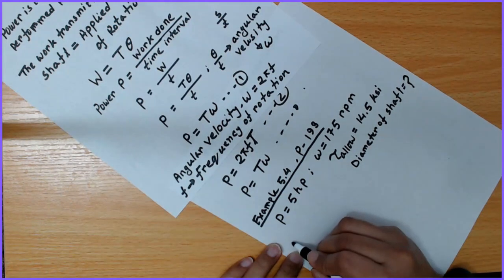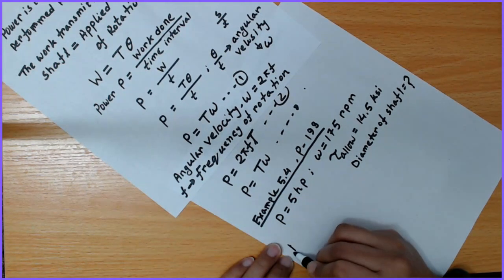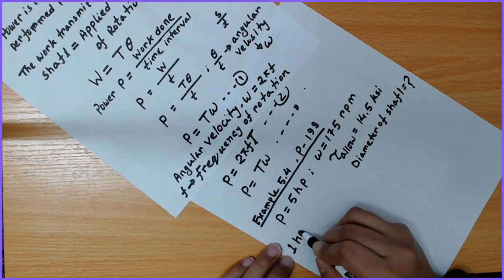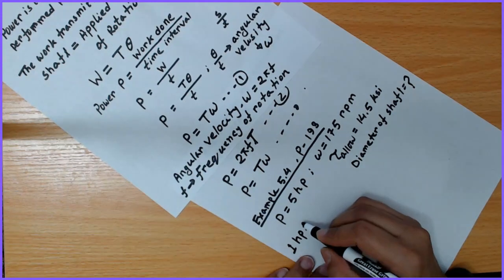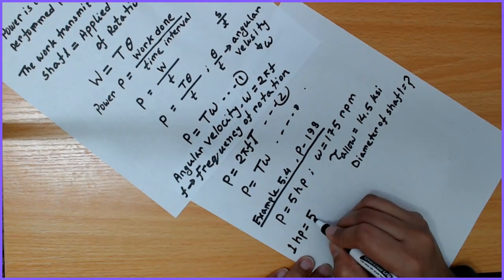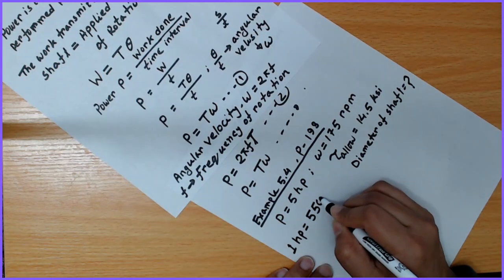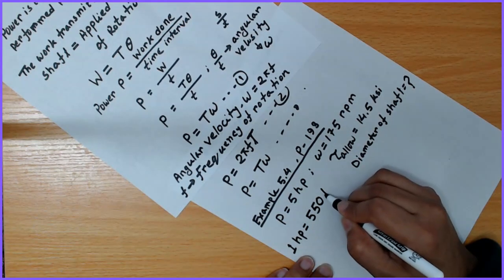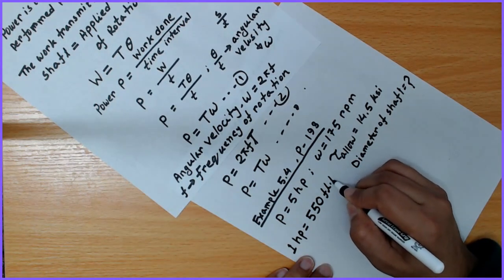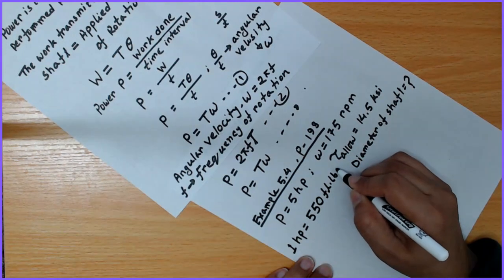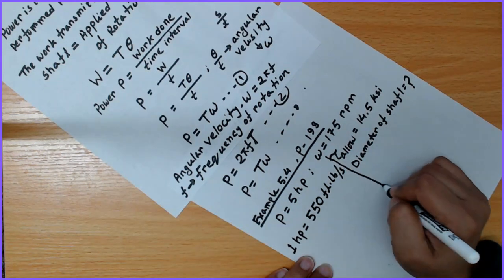Now 1 horsepower is equal to 550 feet pound per second.